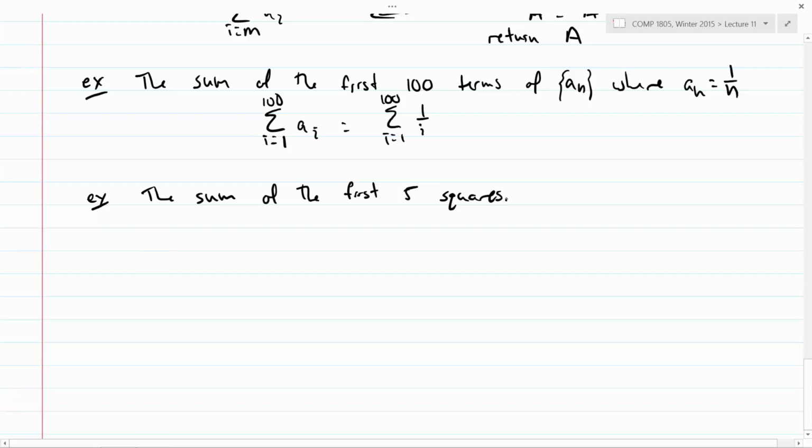Right? The sequence is the sequence of squares, and I want to know what the sum of the first 5 things in that sequence is. So this would be the sum from i equals 1 to 5 of i squared. Because I don't want to know the number, I want to know the square. So this is the sum of the first 5 squares. Does everyone see that?